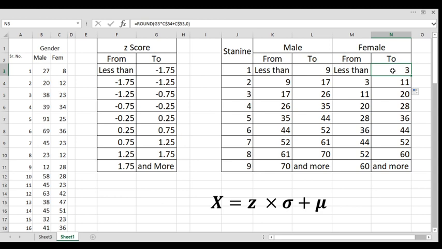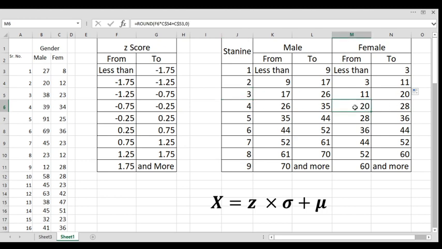If the score of a woman is less than 3, then she will be assigned the first stenine. If the score of a female is between 3 and 11, then she will be assigned stenine 2. Females having scores between 11 and 20 will be assigned stenine 3.